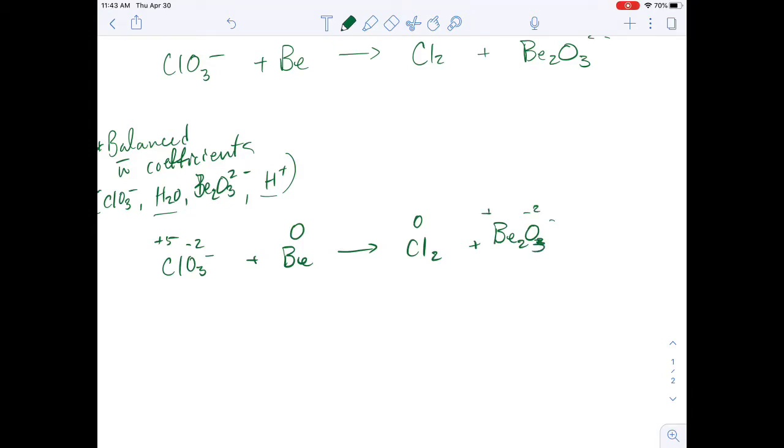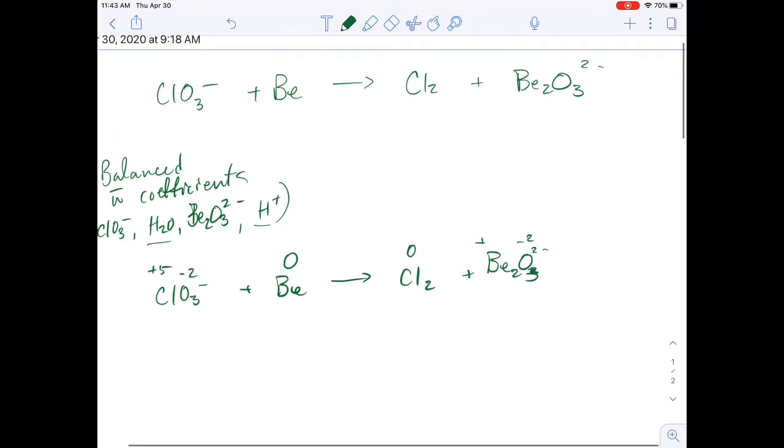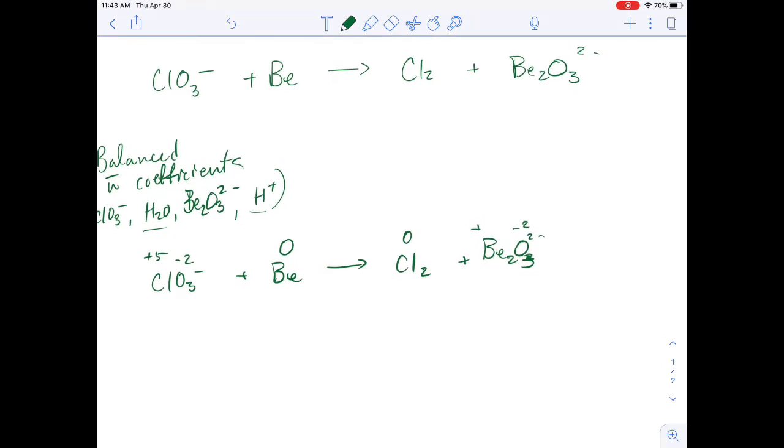This was 2 minus, not 1 minus, so this is going to be +2 for each of the berylliums. If you're not sure how to get the oxidation number, you need to go back and take a look at that. Here I can see that my chlorines are going from a +5 to a 0.